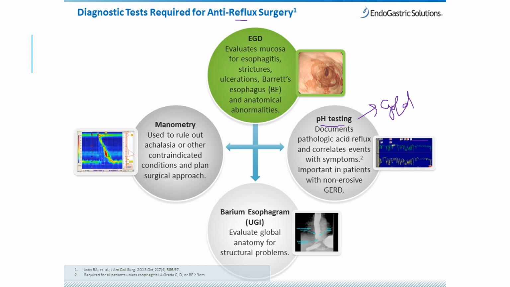Then we can do a barium esophagogram before the surgery, just to identify if there are any structural problems. Manometry is done to rule out achalasia. And esophagogastroduodenoscopy, OGD, is done for evaluating the mucosa for esophagitis, strictures, ulcerations, and Barrett's. Maybe you can do a biopsy to get a histopathological diagnosis and identify other anatomic abnormalities.